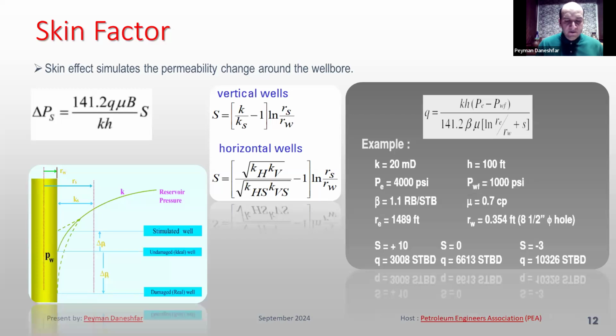But if we produce a well, leave it, and don't check it, and just want to take money from it, it's not okay. After some days or some months or some years, production will decrease, and the skin factor will show us a positive value.